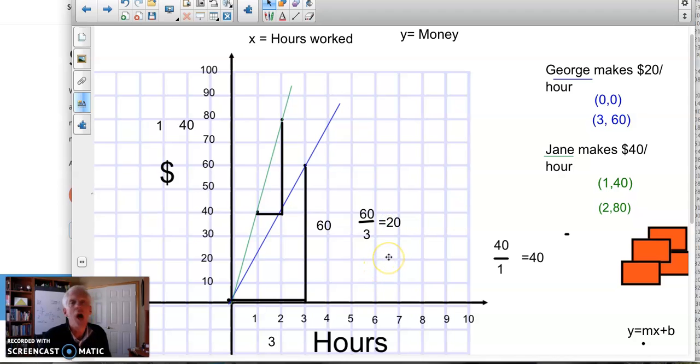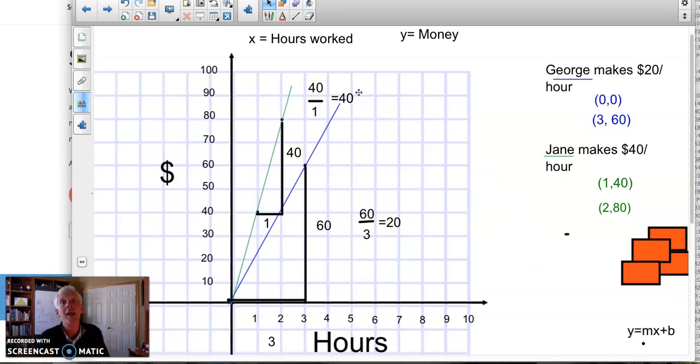It is not a coincidence that George's slope of 20 happens to be how much he makes per hour. We'll get to that as we talk more about our family of the future. Jane makes $40. Her rise is 40: 10, 20, 30, 40. The run is 1. 40 over 1 is the slope for Jane using rise over run, which equals 40.